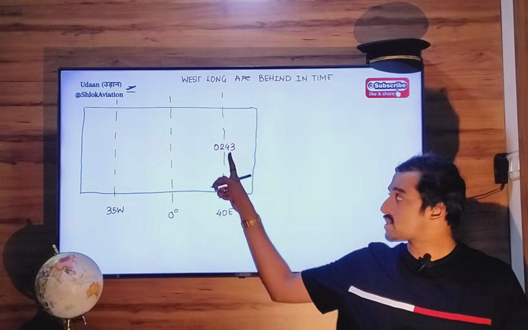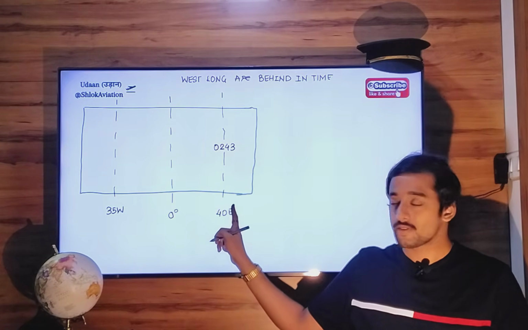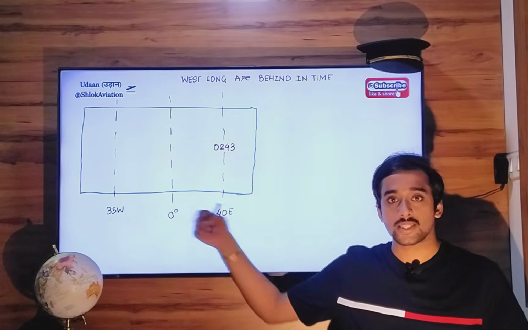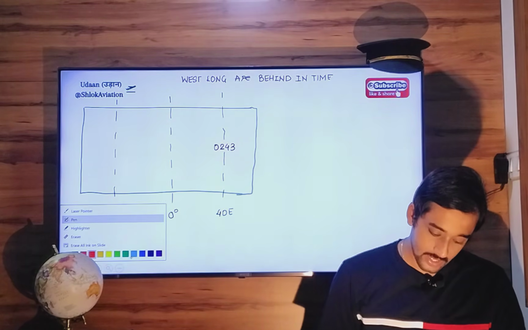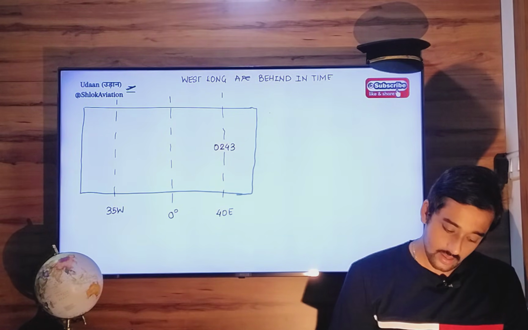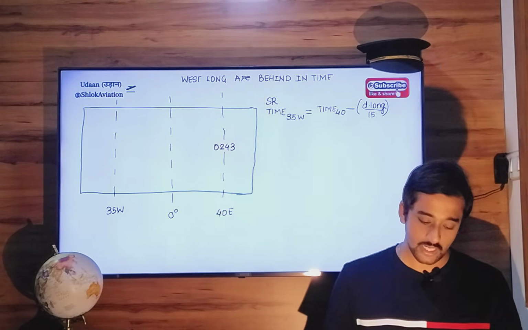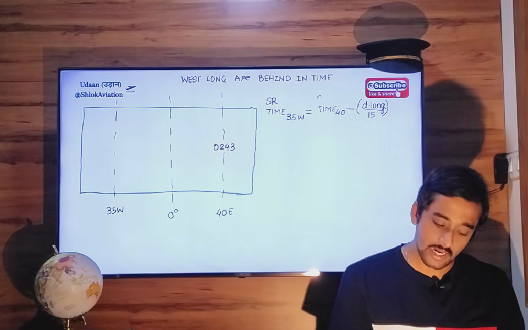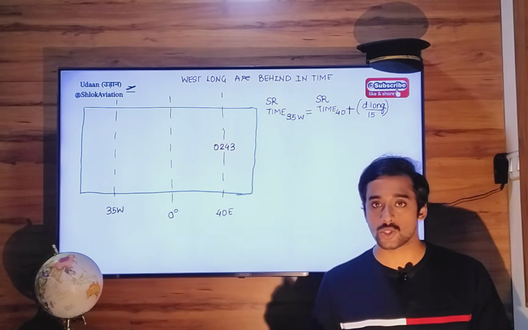So if sunrise happens at 0243 at 40 degree east longitude, then at 35 degree west longitude the sunrise will happen later, much later. So how to determine that? The sunrise time at 35 degree west longitude equals the sunrise time at 40 degree east longitude plus the time difference between those two longitudes.